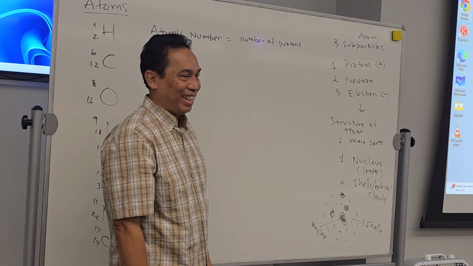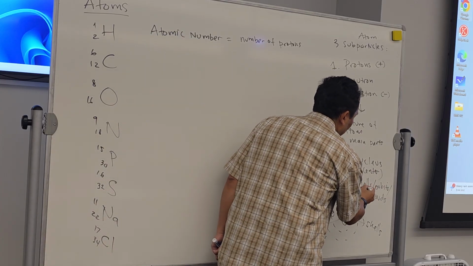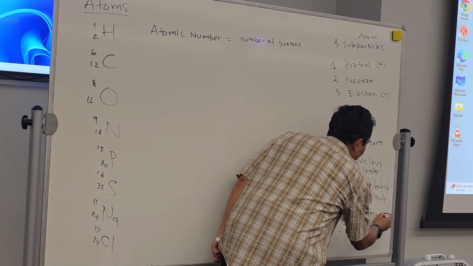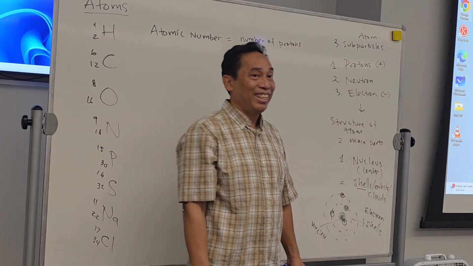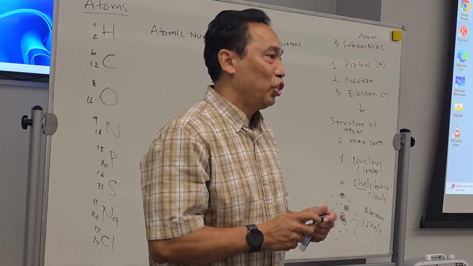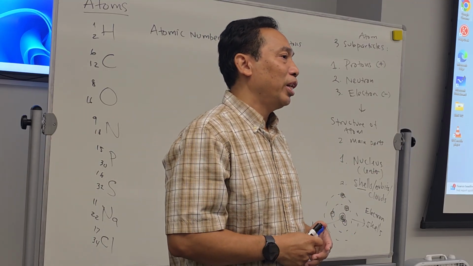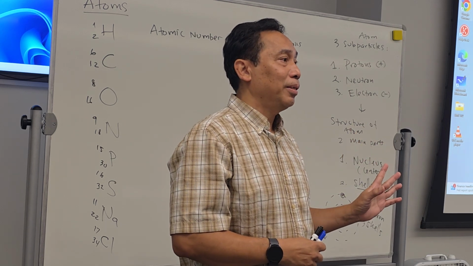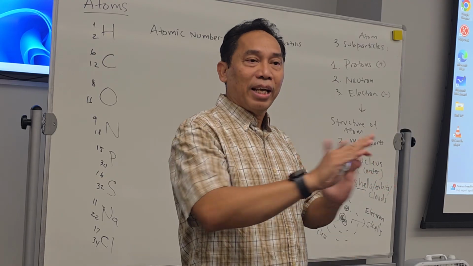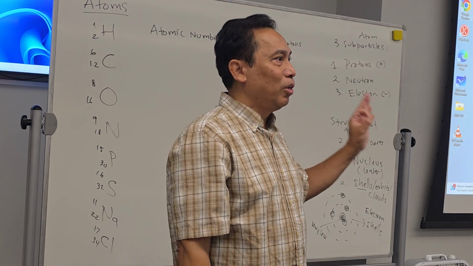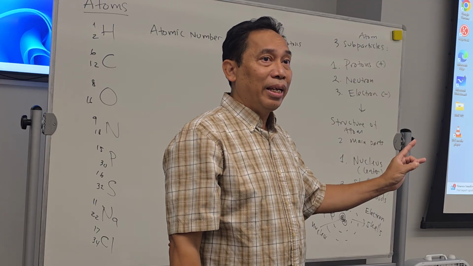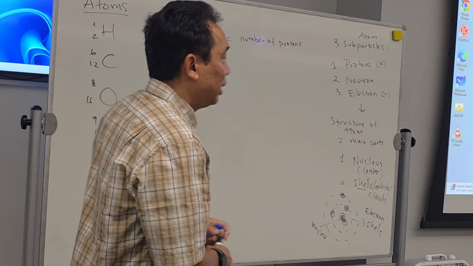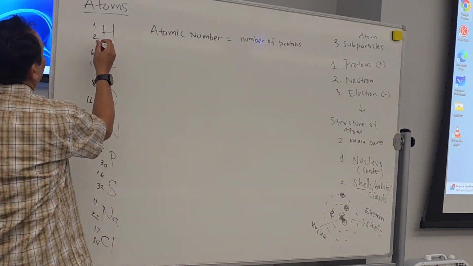Therefore, most of the time, the shell over here is also known as the electron shell. Get it? That's actually the name. The shell is now called the electron shell. Why? Because that's where the electrons are located. Okay, so every atom will be like this. It has a nucleus with proton and neutron, and it has a shell with electron. You get this one first. Now, here, what is the bigger number?